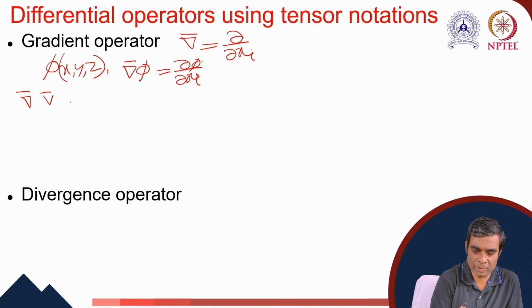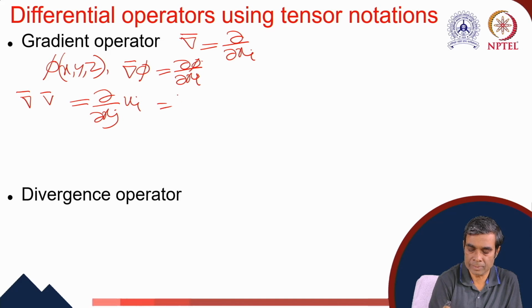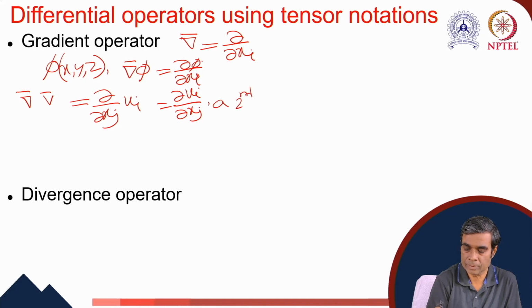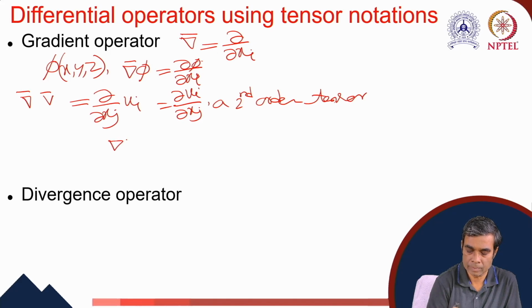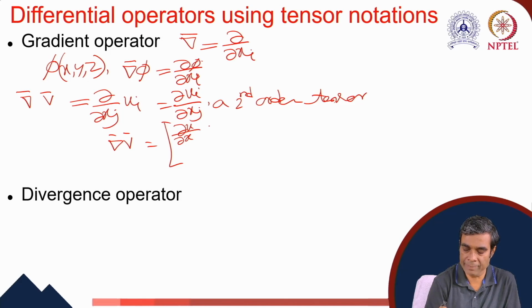The gradient of a vector can be represented in matrix form. It has 4 components in 2 dimensions and 9 components in 3 dimensions.